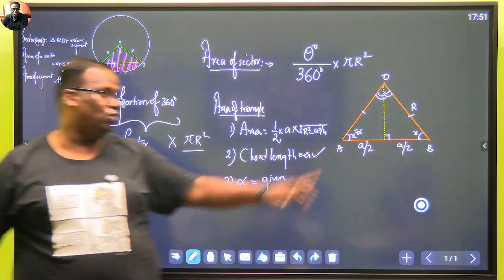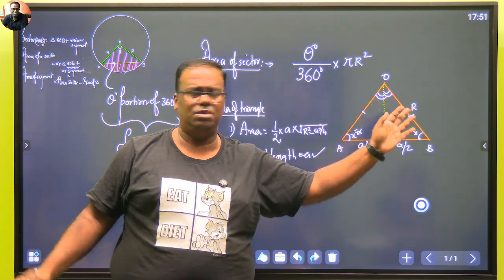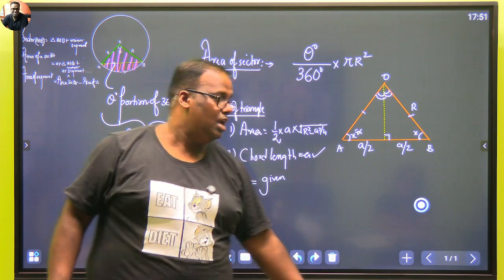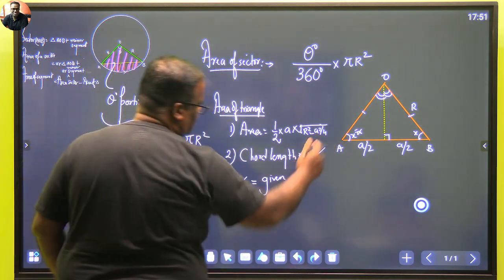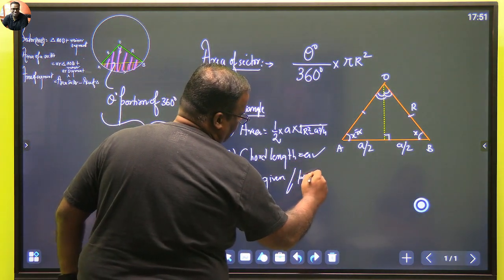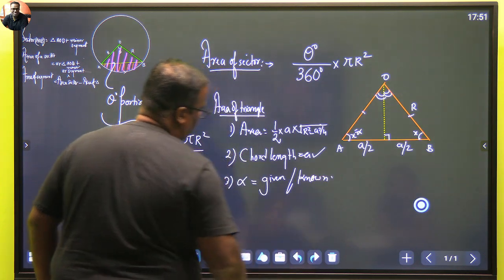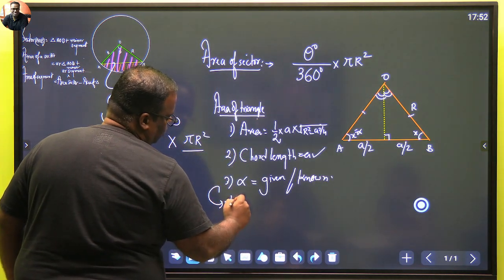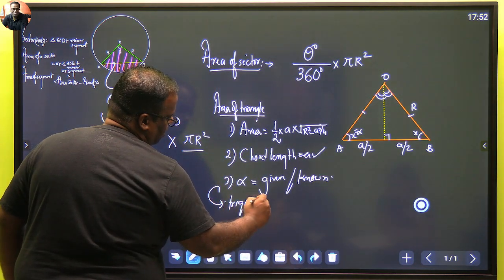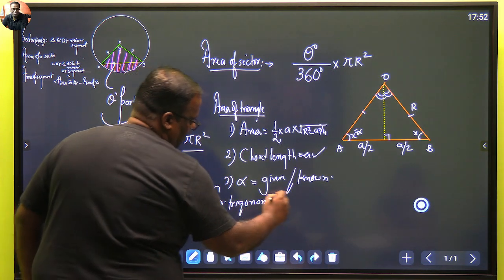ऐसे दे सकता है, इसको 45 करके दे सकता है आपको, जैसे भी है, ये दे दिया आपको, ये एंगल्स मिल गए. If alpha is given or you can ascertain alpha in some way, then another way is to use trigonometry, right?